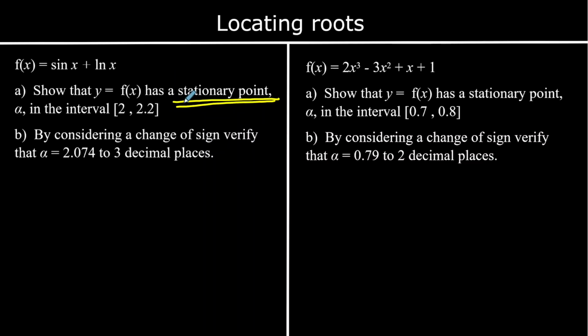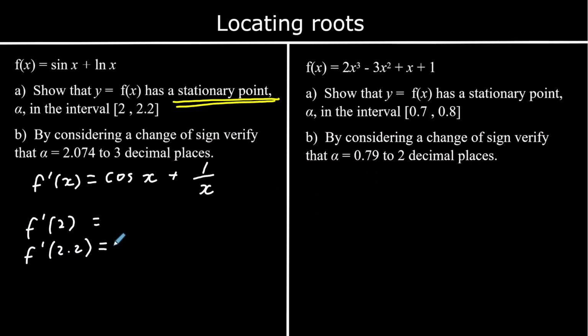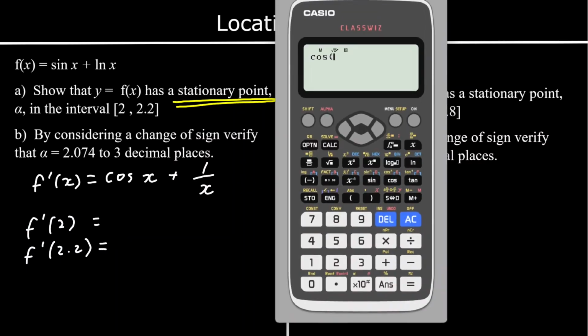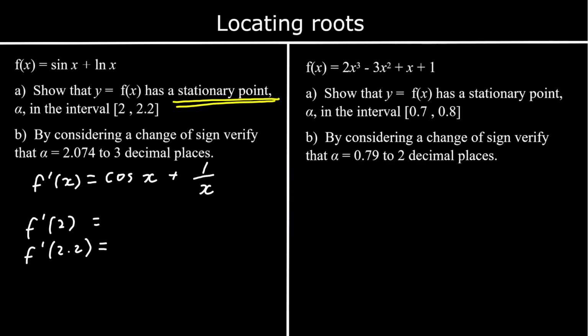So we have the gradient function. Sin x differentiates to give cos x. Log x differentiates to give 1 over x. So we're going to substitute in 2 and substitute in 2.2. So we have cos 2 plus 1 over 2, which is 0.08 and so on.